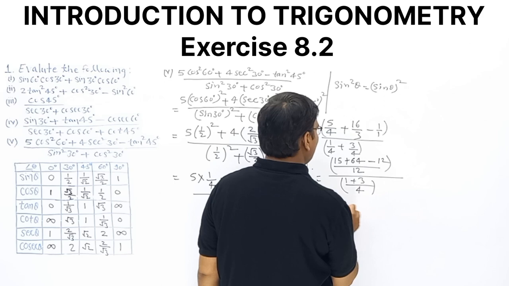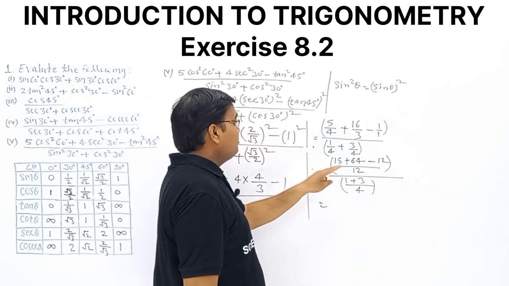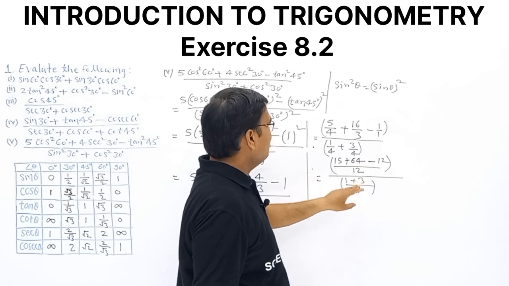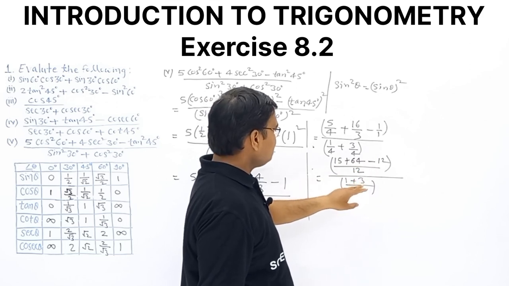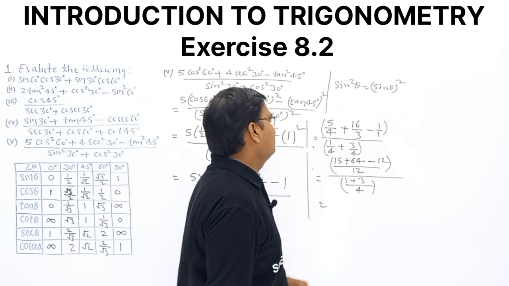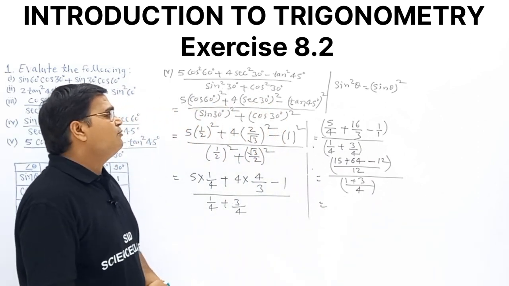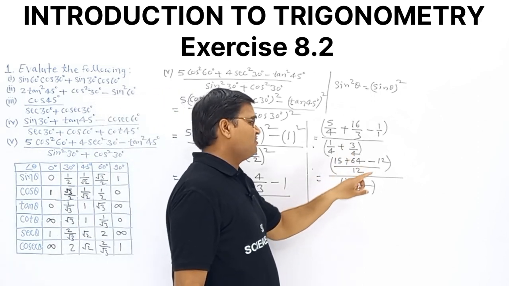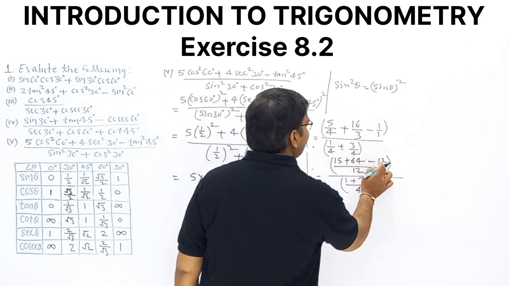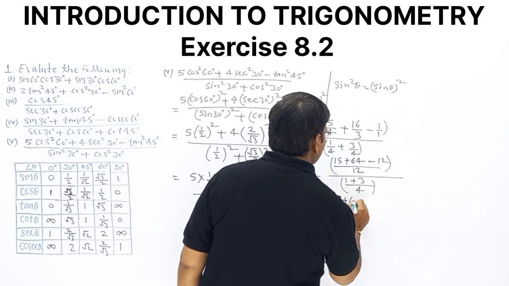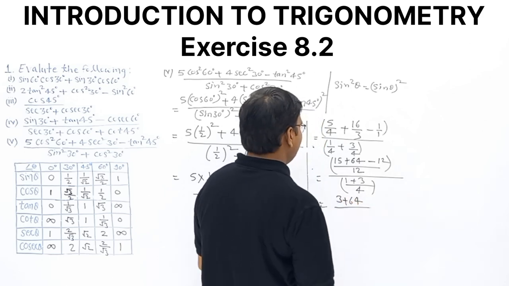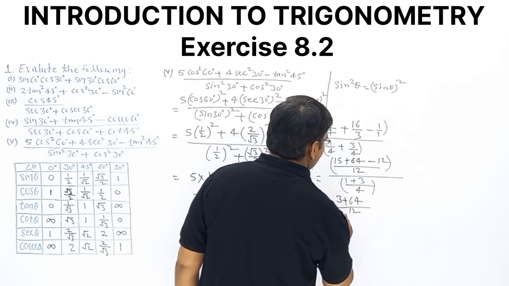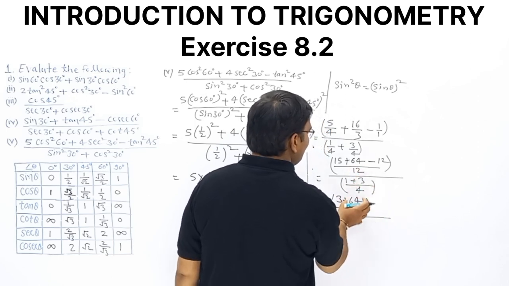Solve. What are we getting? Now 15 minus, observe, 15 minus 12 will be what? 3 is remaining, and 64 plus 3, what? 15 minus 12 will be 3 plus 64 divided by 12, this is the numerator result.